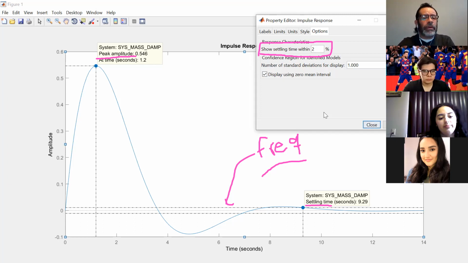The settling time is the time it takes for the system to reach stabilization within a certain range. Now, the stabilization part is important, because remember the previous example where it was oscillating? That didn't have a peak time or a settling time.